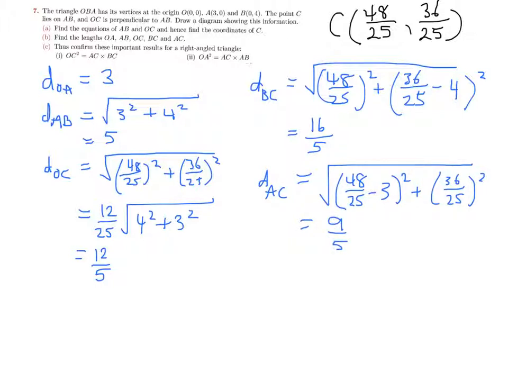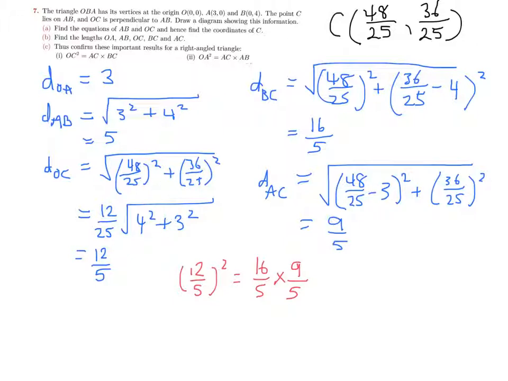Okay, so last part of this question. Let's confirm OC squared equals AC times BC. So is (12 over 5) squared equal to 16 over 5 times 9 over 5? Well, yes, because 5 squared is the same as 5 times 5, and 12 squared is the same as 16 times 9, 144.